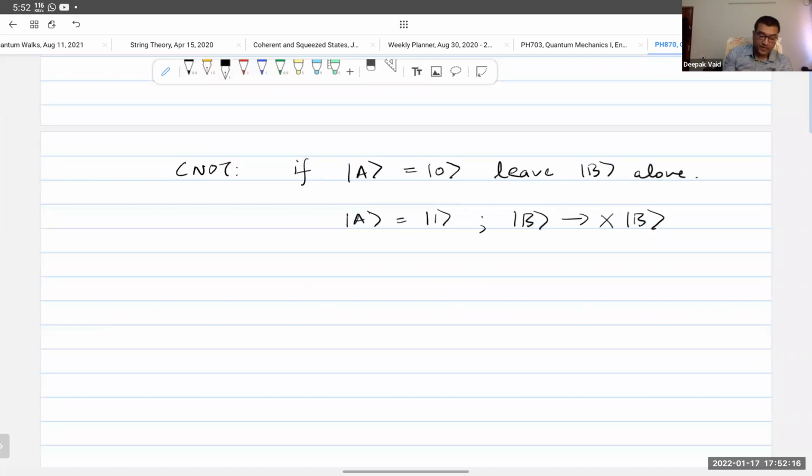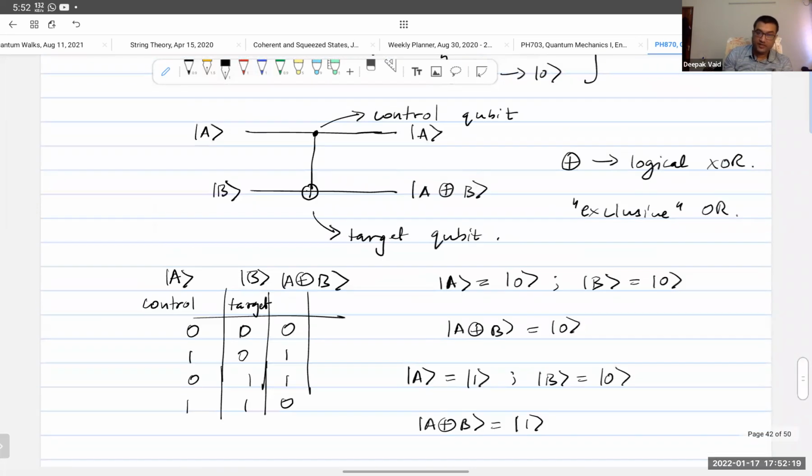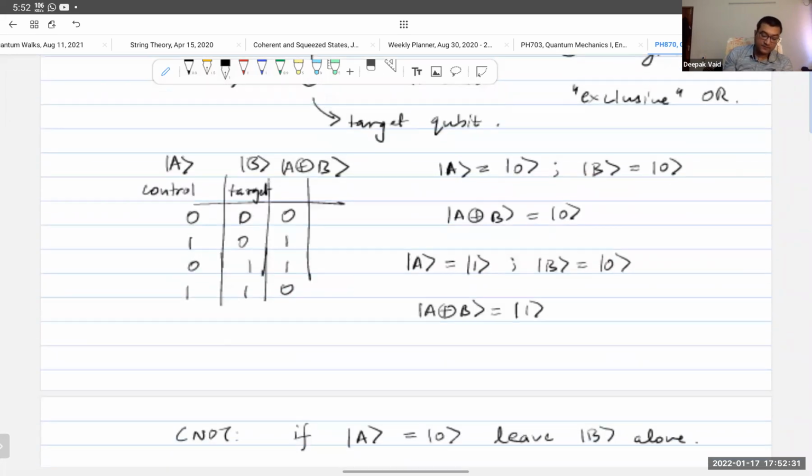Now, the way I have described this picture is a very classical description, because I have not mentioned anything about superposition. At this stage, you can just think of these as bits.